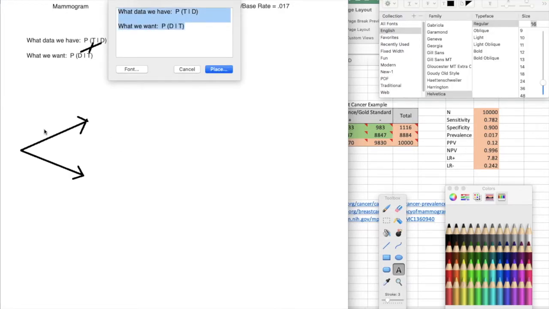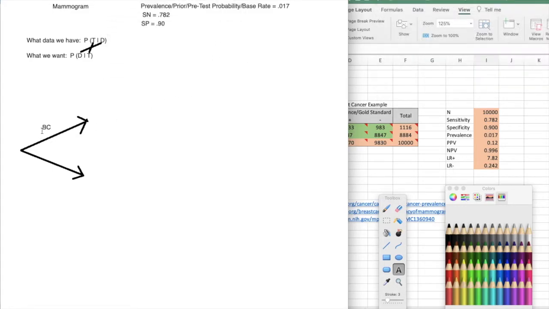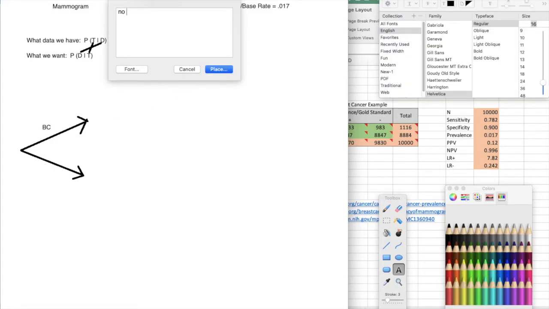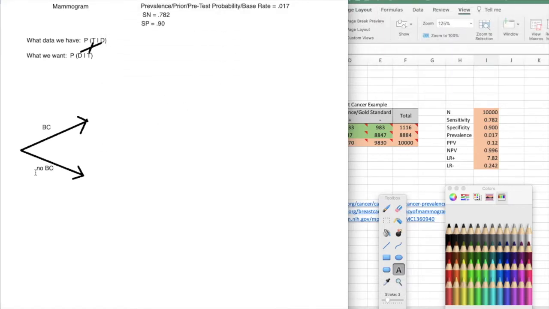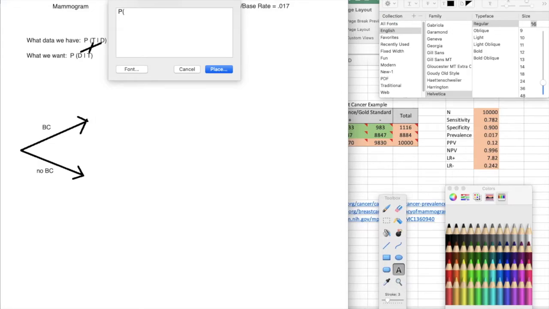So we're going to call this breast cancer, and this is going to be no breast cancer, because that's what you're walking in. You got somebody walking in. They either have it or they don't. And the probability of breast cancer is our base rate, 0.017.